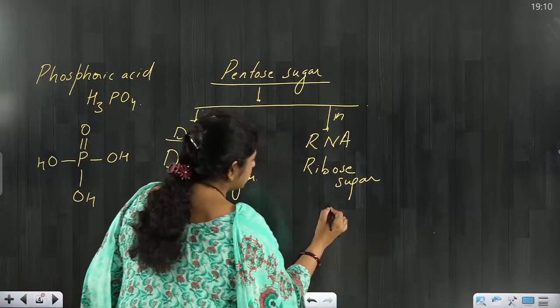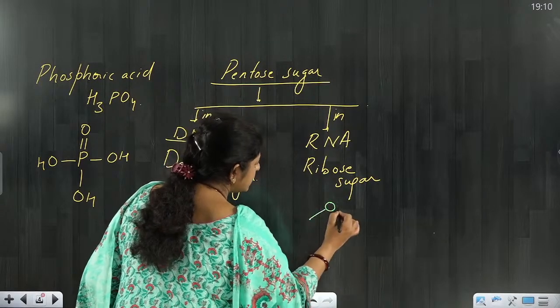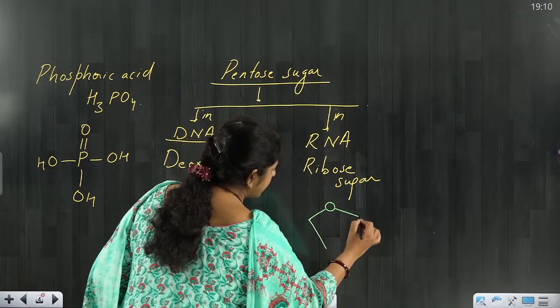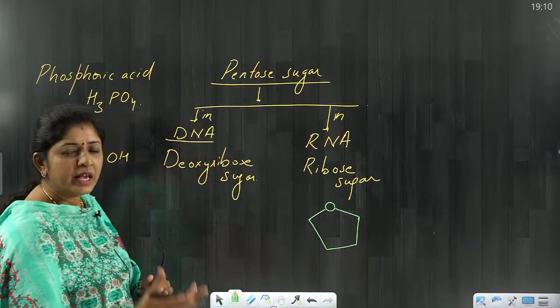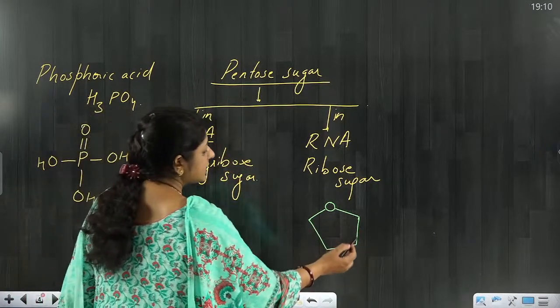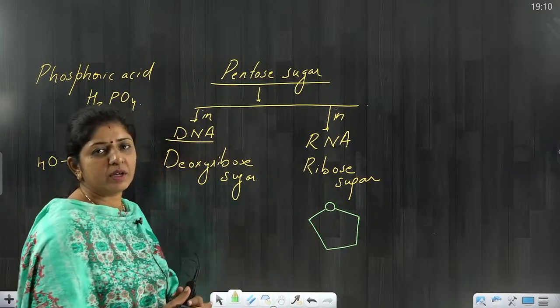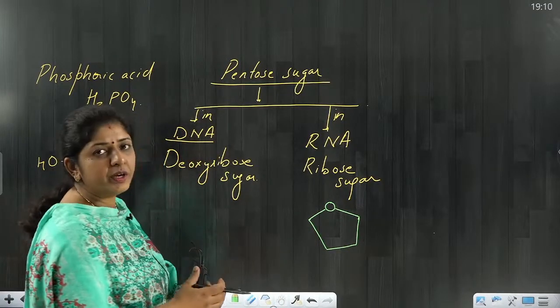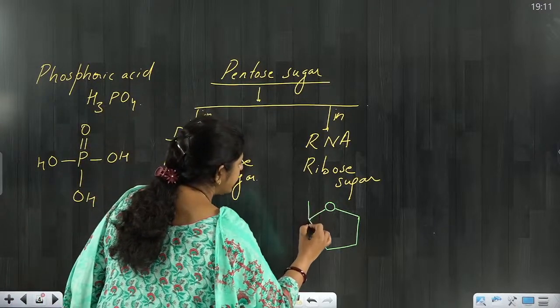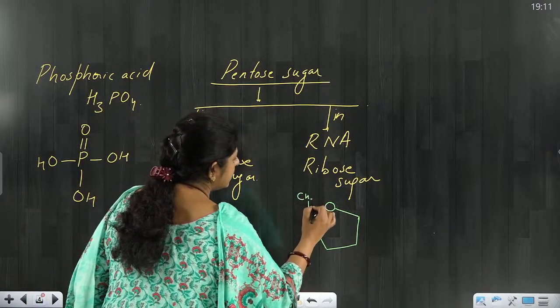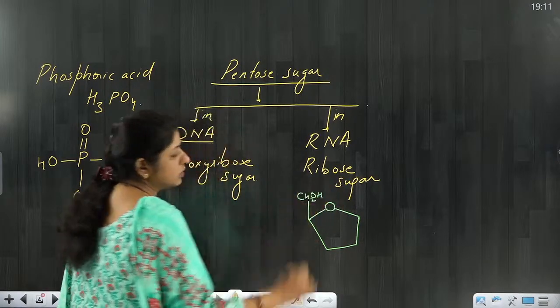For ribose, it has oxygen in its ring, and these angles indicate carbons. If you count these angles, they are 4 in number, but just now I said it is pentose. Then where is the 5th carbon? It is in a side branch like CH2 having the OH group.